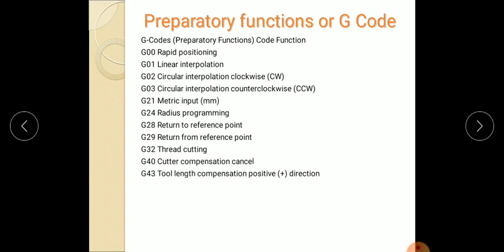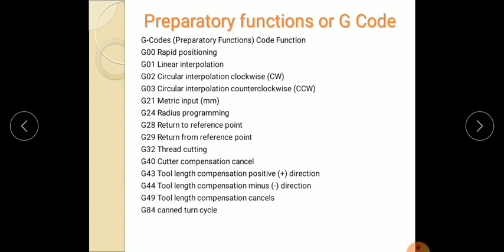G40 cutter compensation cancel, G43 tool length compensation positive direction, G44 tool length compensation negative direction, G49 tool length compensation cancel, G84 canned turn cycle, G90 absolute programming, G91 incremental programming.